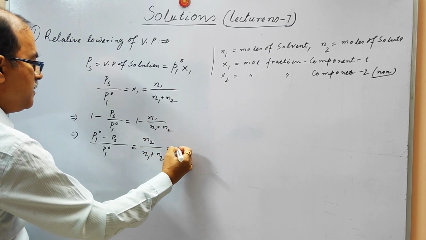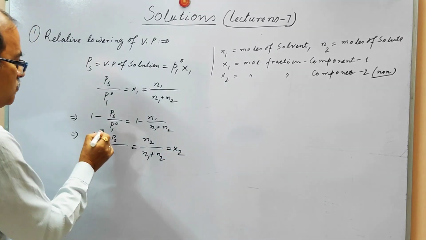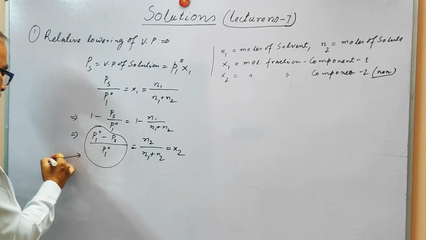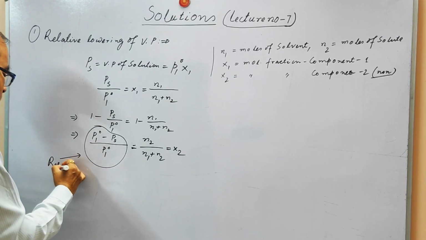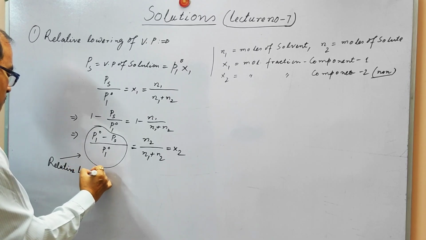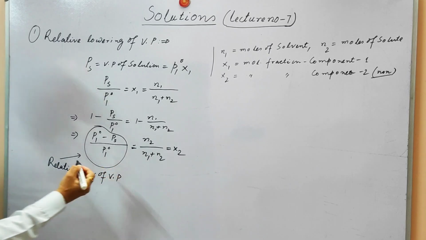It is basically X2, the mole fraction of the solute. So this term is the relative lowering of the vapor pressure.